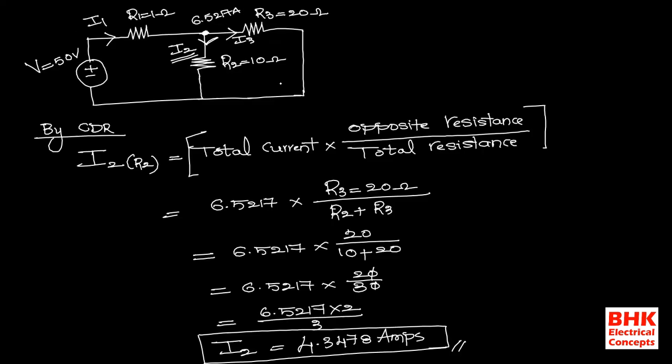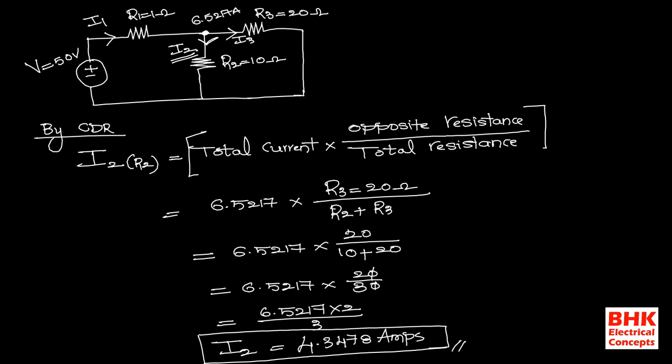Now we are calculating the value of current flowing in R3, means the opposite resistance is always R2 only, because in which branches the current is dividing from the junction point, we need to consider only those particular resistances. That is the reason why, when we are calculating the value of I3 in R3, the opposite resistance is always R2. Clear?